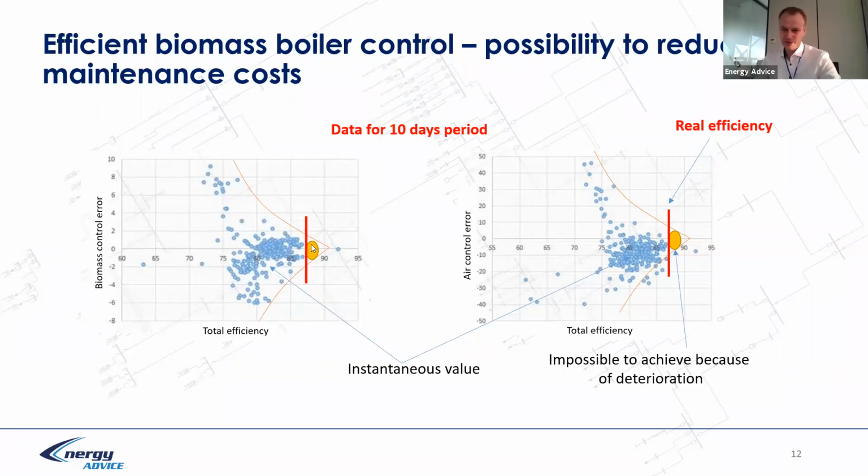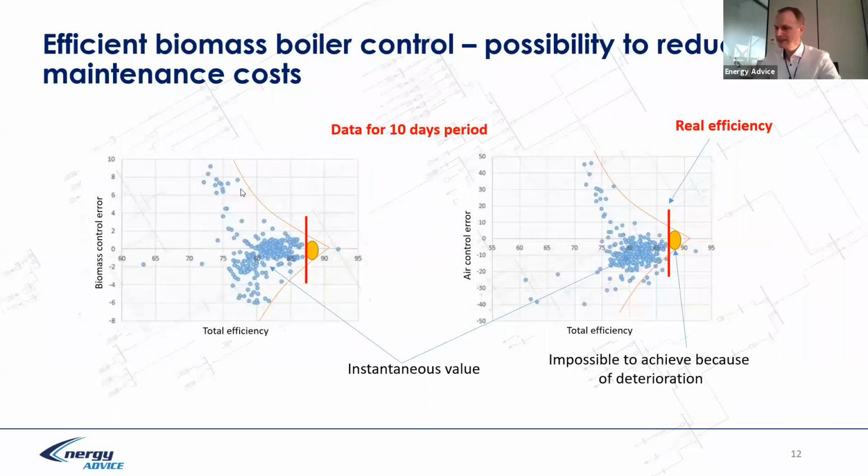It's 87%, the maximum for this example, because at this particular moment the boiler cannot reach better because of its status. Also, with the air control error, we see that if we control badly, we are quite far away from the optimum set points. We operate at some limited efficiency instead of the optimum efficiency, the maximum efficiency at optimum control.